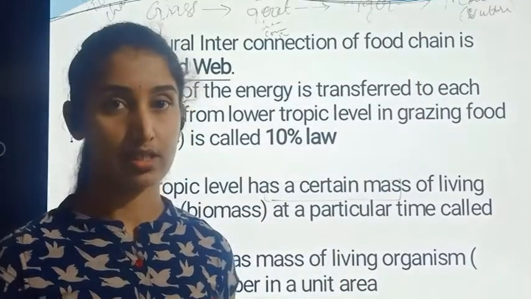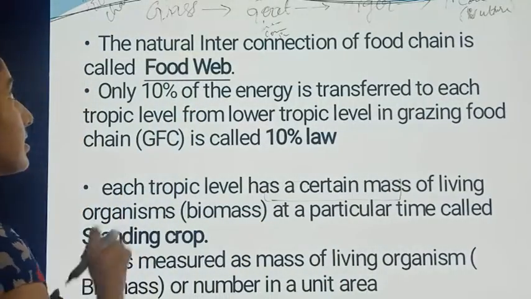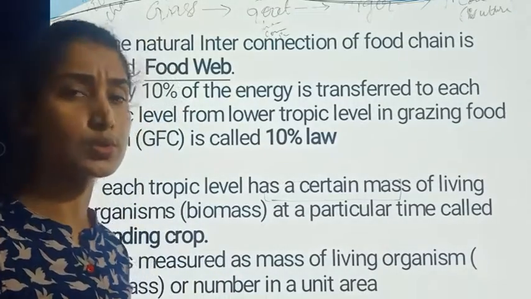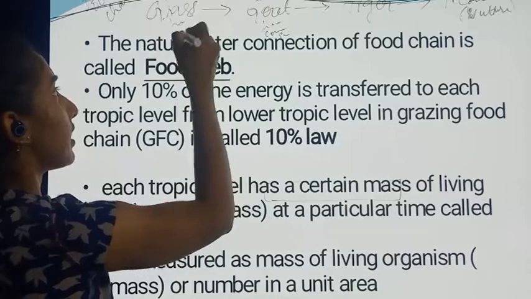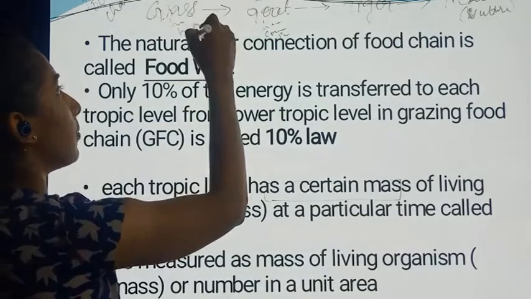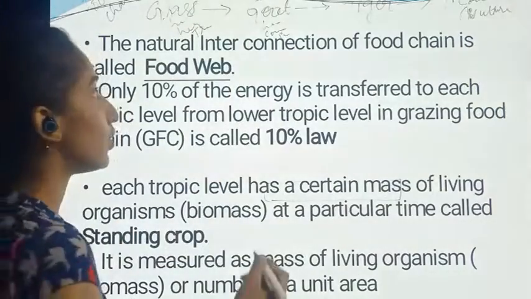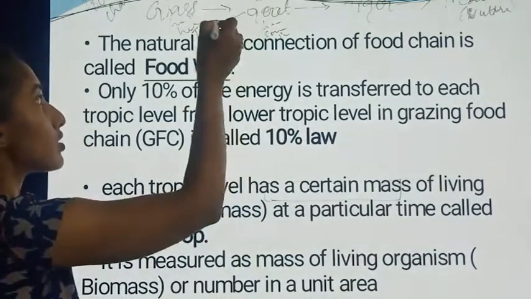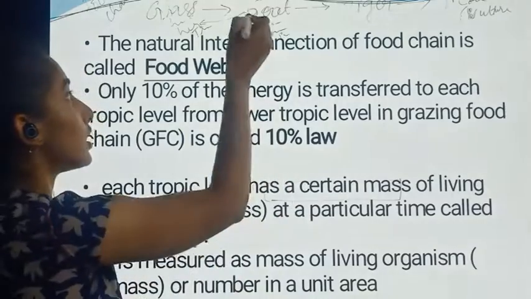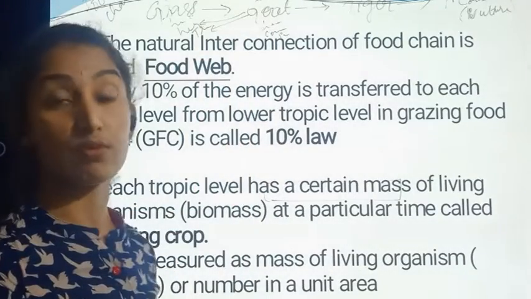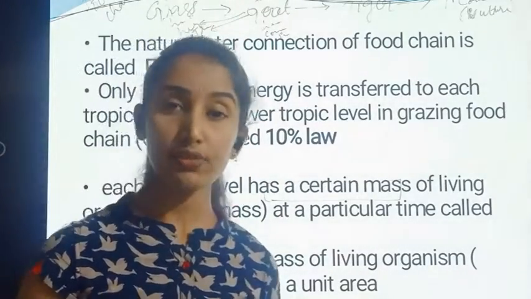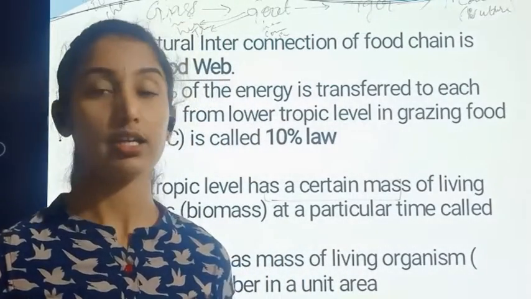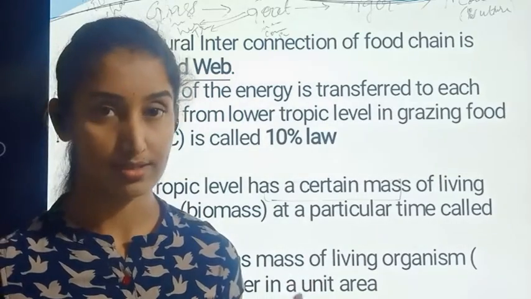Likewise, not only grass, there are many producers, like shrubs, herbs, and trees. So the goat can also eat herbs, shrubs, and the leaves of trees. Like this, if the grass is extinct or completely deleted, the food chain is not disturbed.